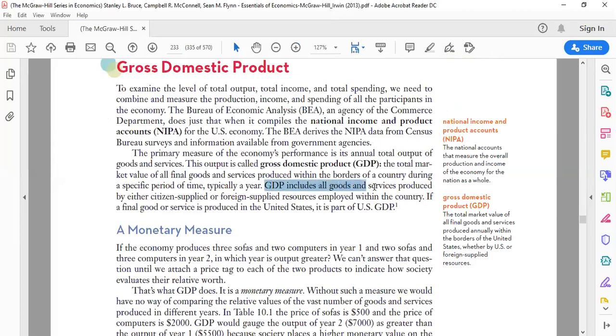It includes all the goods and services which are produced by either citizen supplied, by which I mean produced by the people of your own country, or the foreign supplied resources employed within your country, who are foreigners but working in your own country.